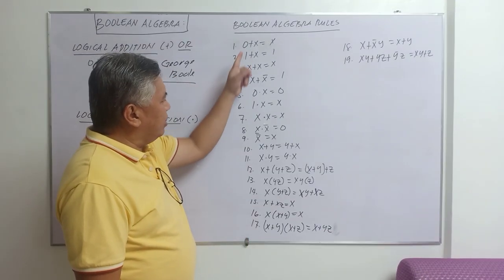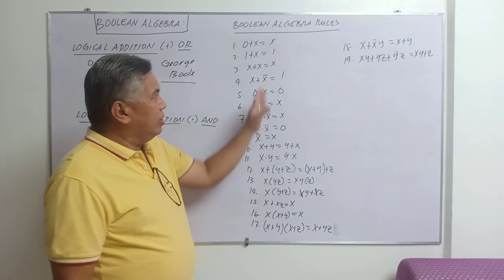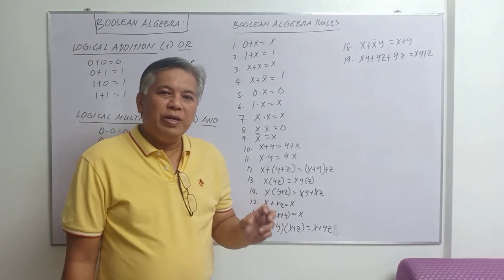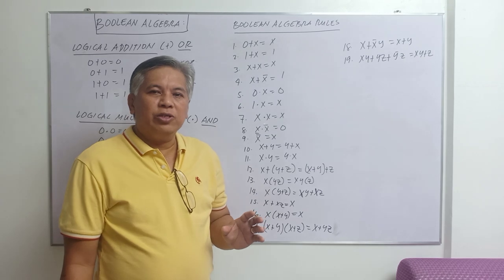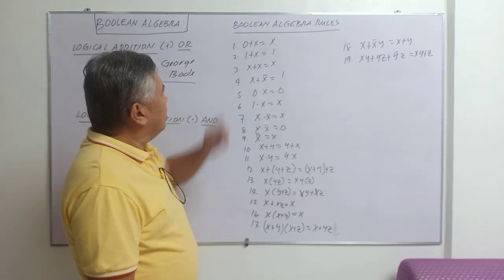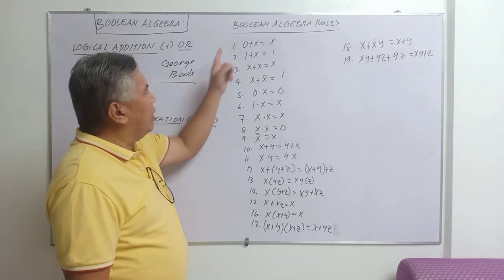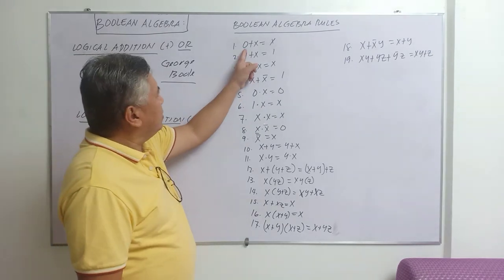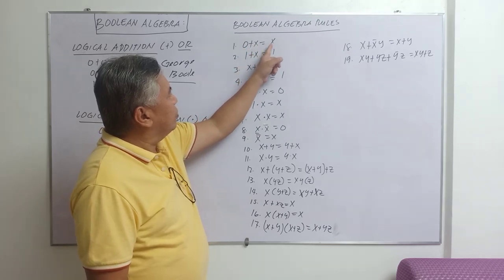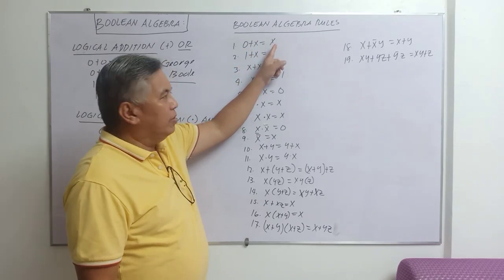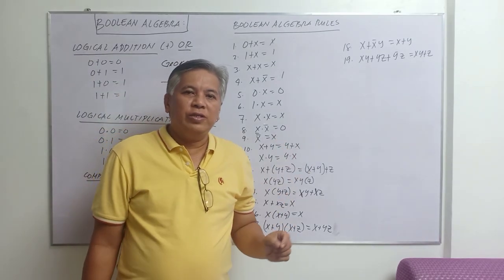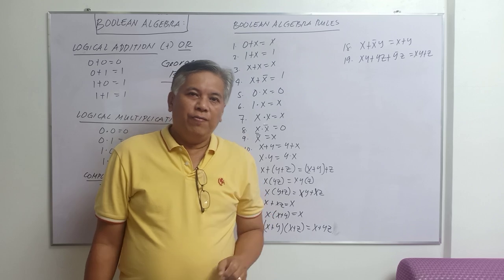Now, I'm using here x, y, and z. These variables can also be changed into A, B, or C, or any variables from A to Z. So what does Boolean algebra rule number 1 say? It says 0 plus x is equal to x. In other words, any variable or variables added to 0 is equal to that variable or variables.